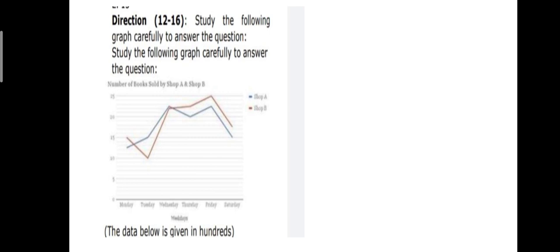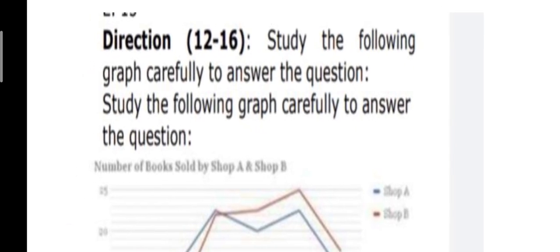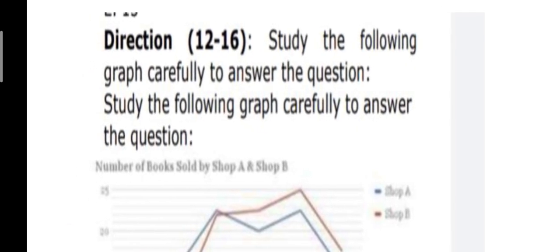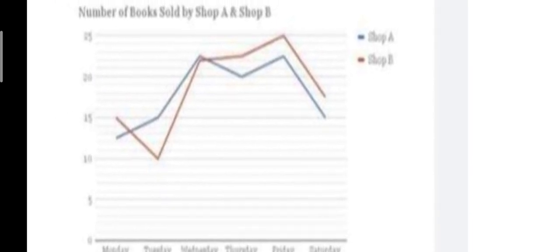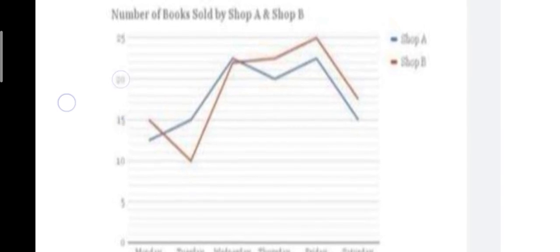Okay, here they will be giving graph in this type. See the question, study the following graph carefully to answer the questions. So if we have gone for the graph, it is 0, 5, 10, 15, 20 and then 25. Okay, here they have given graph.